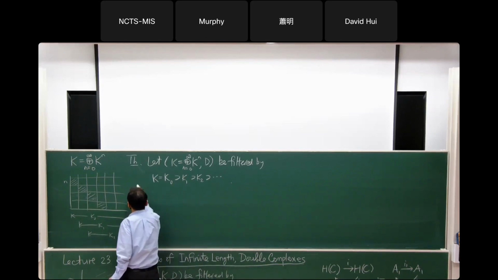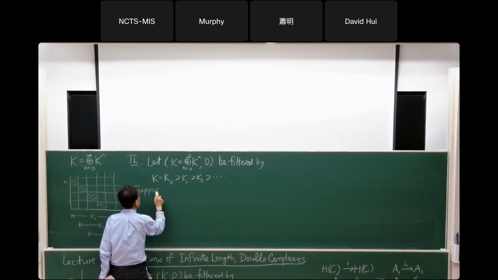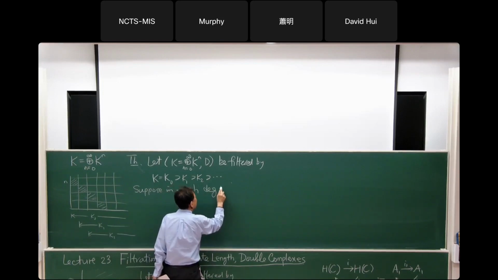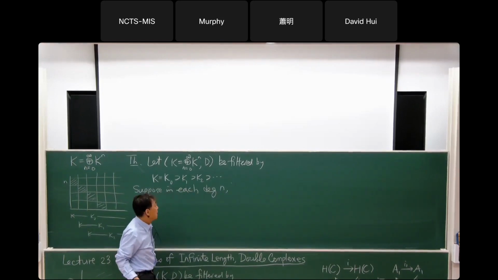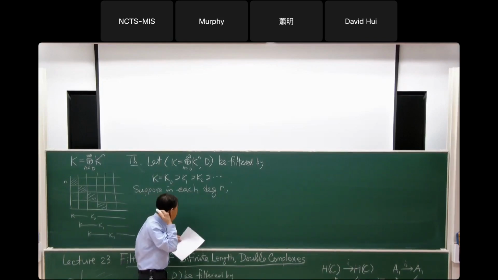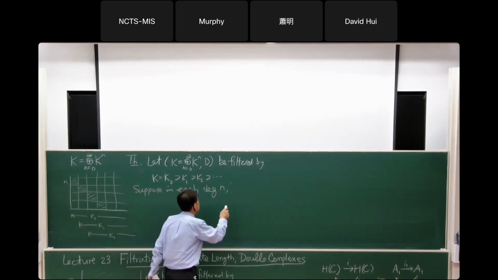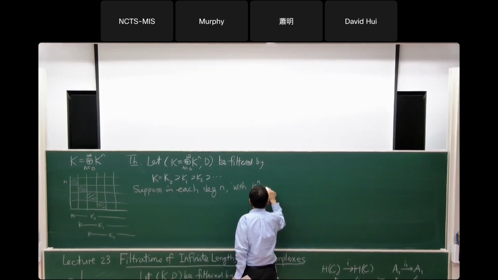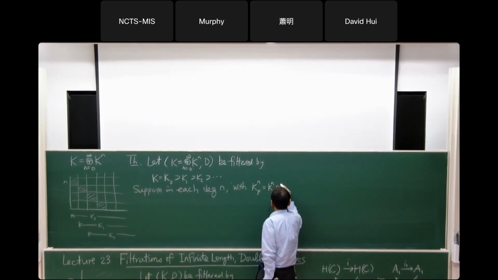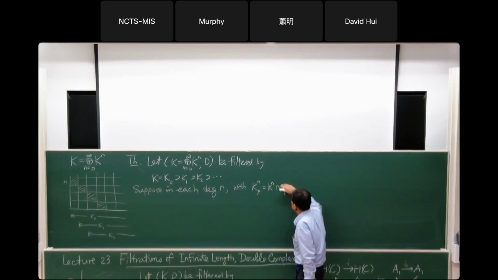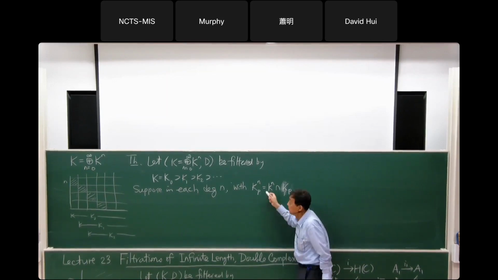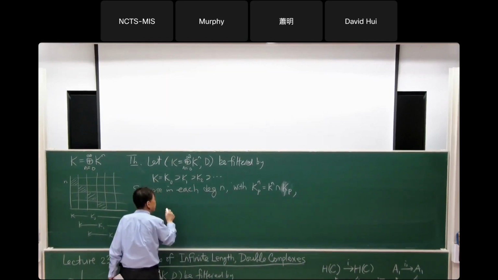Suppose in each degree N, you have a filtration just on degree N. So with K^N_P, the degree N elements intersected with the filtration K_P. Suppose in each degree, this filtration in degree N is finite.